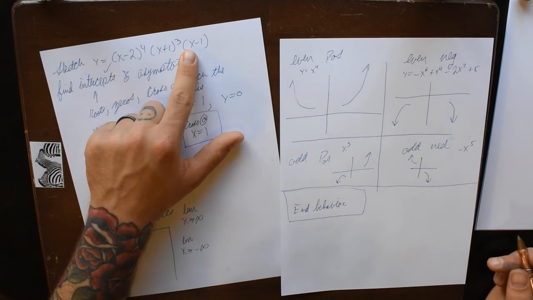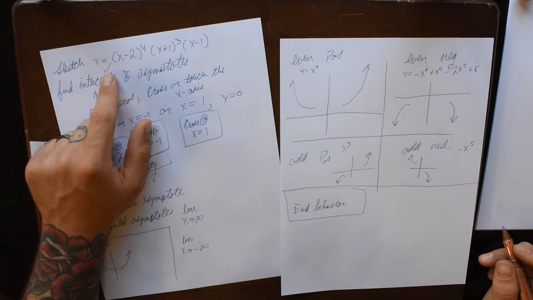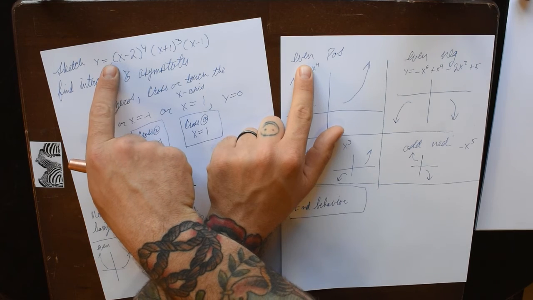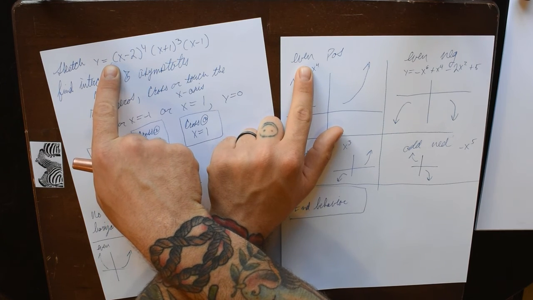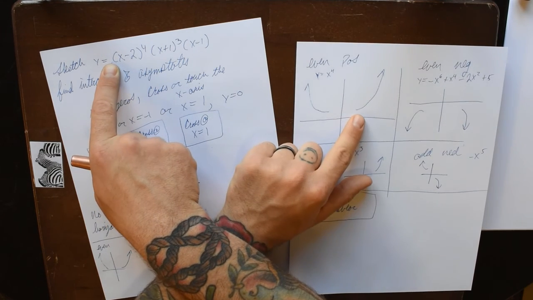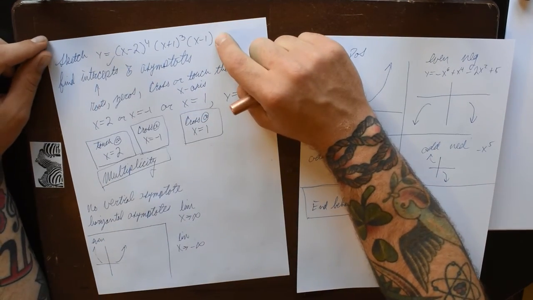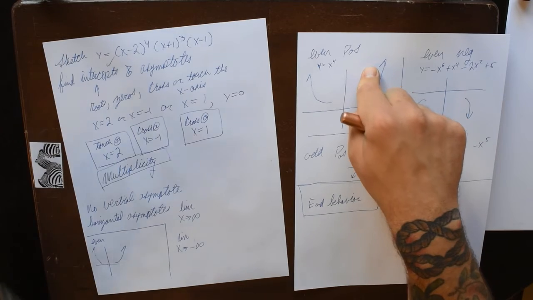We got 8 x's. So that means we know this thing is going to be of even degree, and we have 1 as a leading coefficient. 1's a positive number, so we know this thing is even and positive.